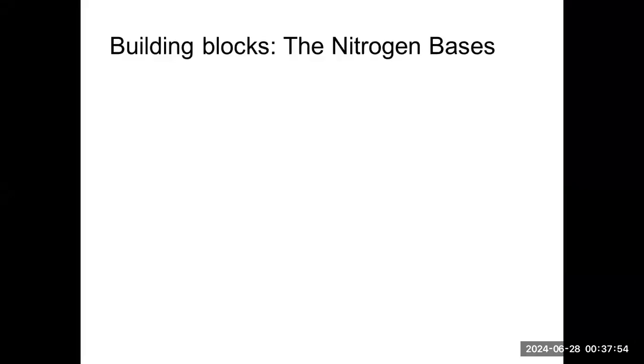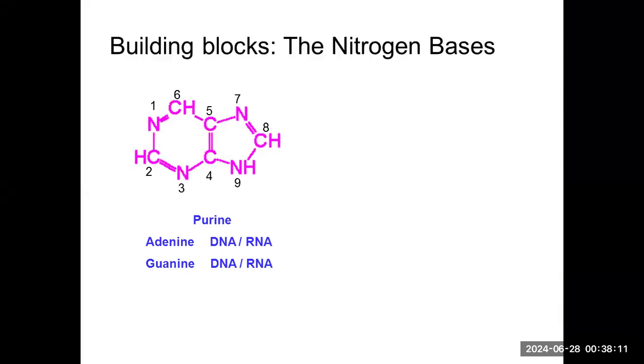As I pointed out, purines are the building blocks of nucleic acids. They are nitrogen bases because they contain nitrogen atoms in their ring. Look at this structure. As you can see right here, it's a 9-membered ring starting from N1 and going around, and this is the 9-member ring.